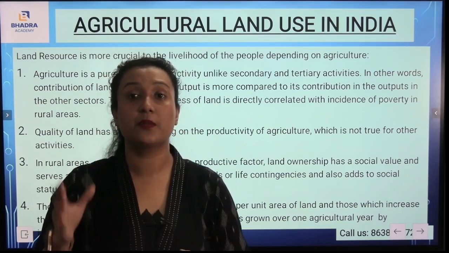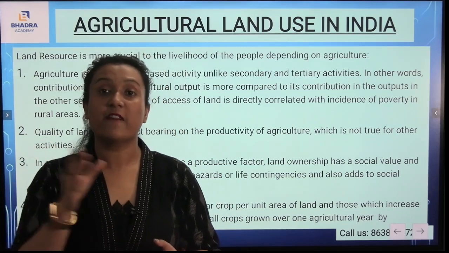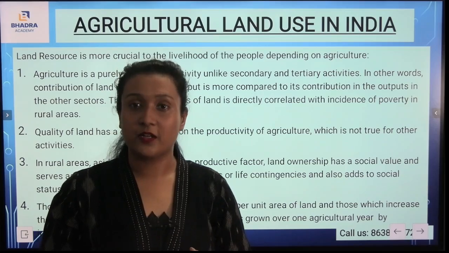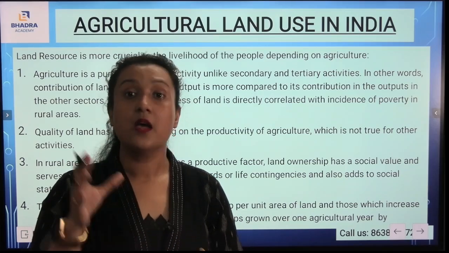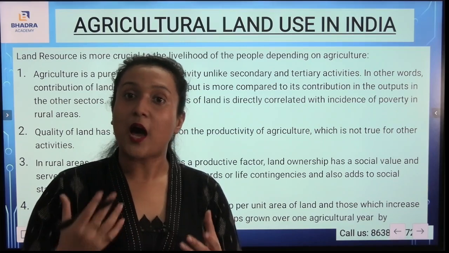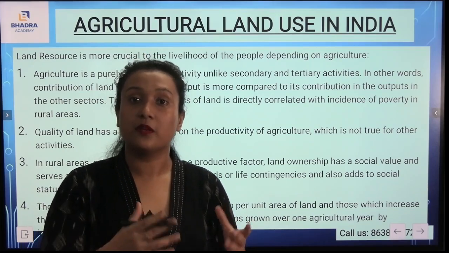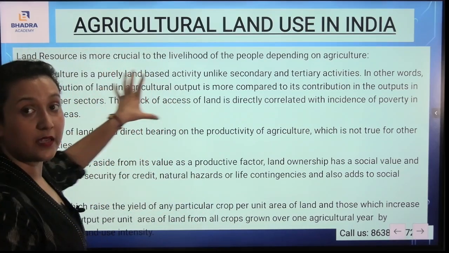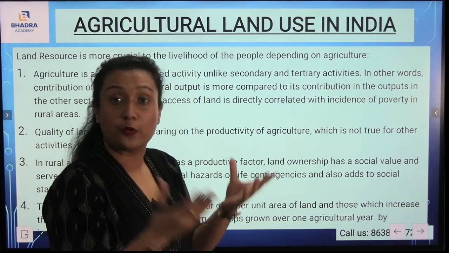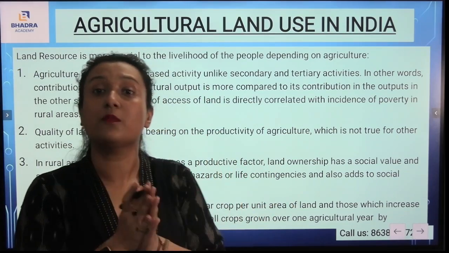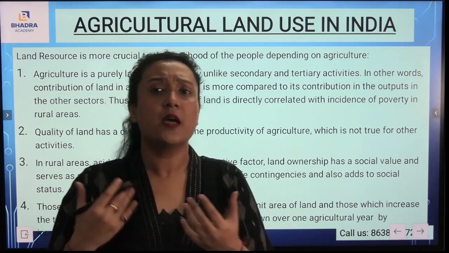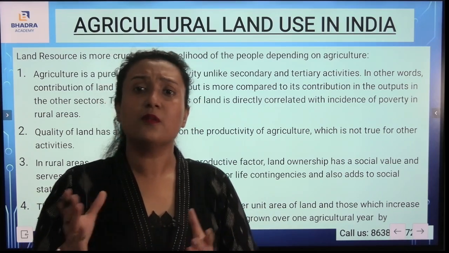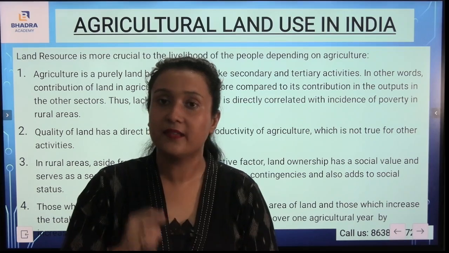But still, some of the people in rural areas do not have much access to land, which means land is not much being used for agricultural purposes, and for that reason the output is very much less in comparison to the area of the land. You see, if the area of the land is big, only then will the output be huge. But the area of the land is small, there is not much access to the land, so as a result there is not much output of those products. So as a result, most of the people go under poverty in the rural areas.